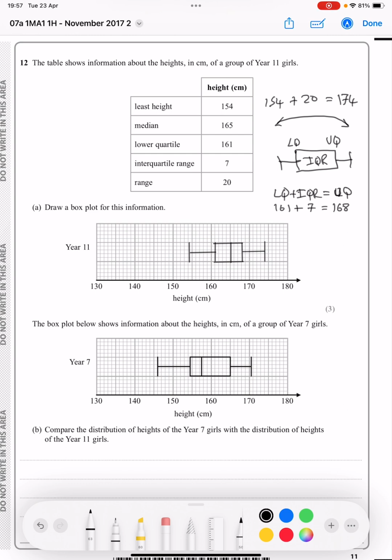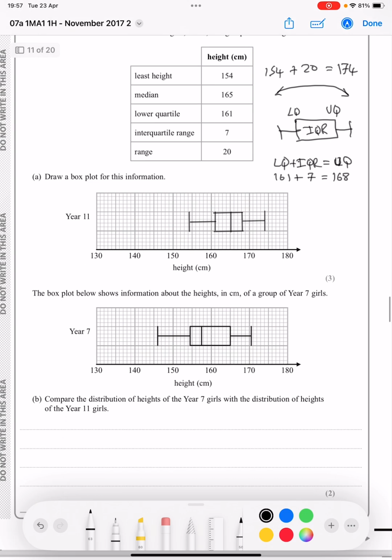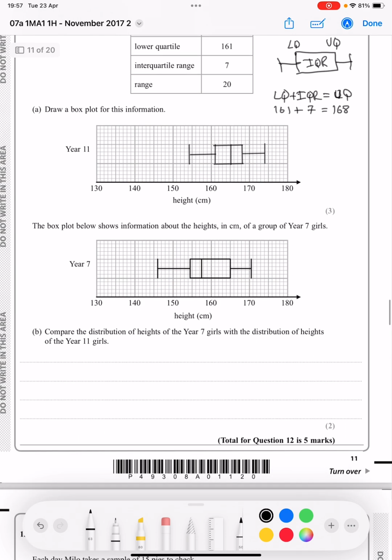Right. The box plot below shows information about the heights in centimetres of a group of year 7 girls. This was year 11 girls. It says compare the distribution of heights of the year 7 girls with the distribution of heights of the year 11 girls. It's a very standard GCSE question. And the two things you compare are the median and the interquartile range.